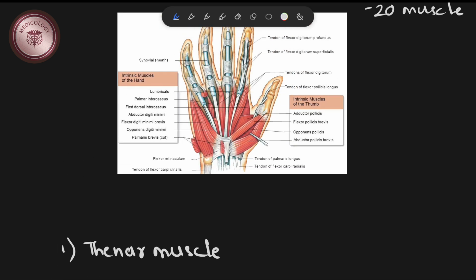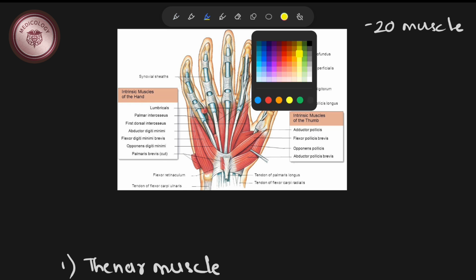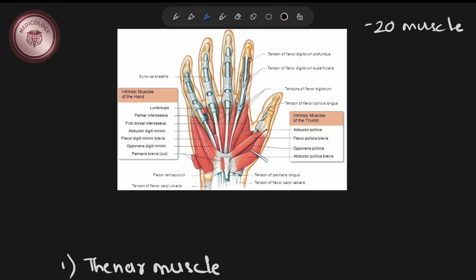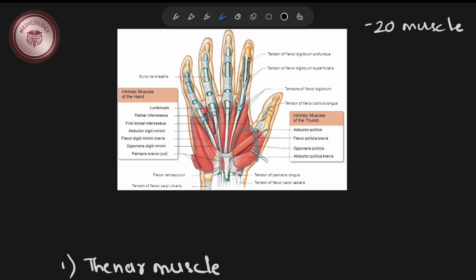Okay, what are thenar muscles? Thenar muscles are the muscles located here, like this is the thumb and they are here. These muscles are thenar muscles. And the hypothenar are below the little finger. The muscles below the thumb area are the thenar muscles, and these are hypothenar muscles.